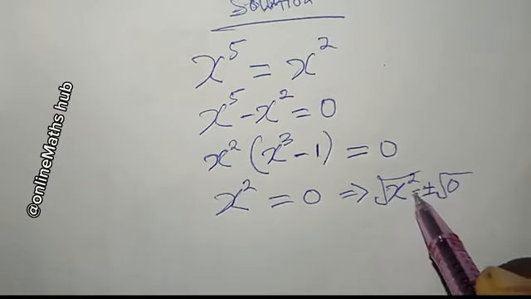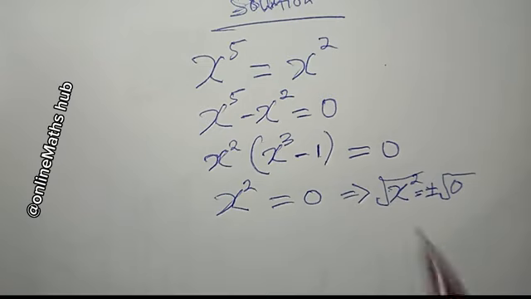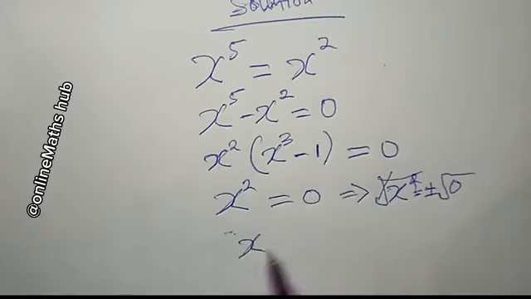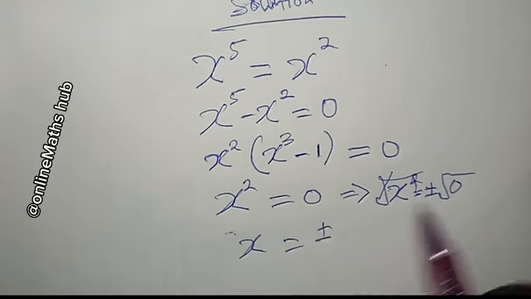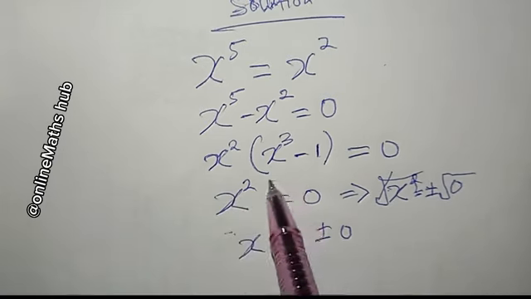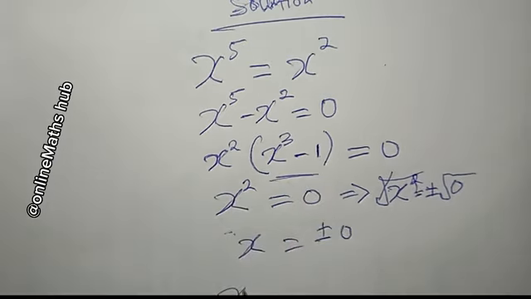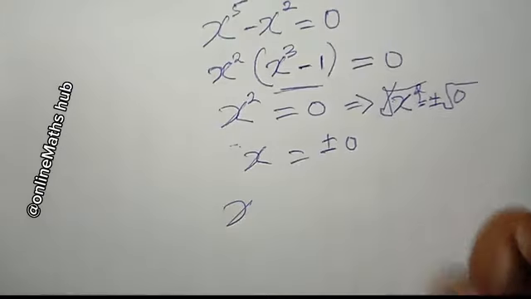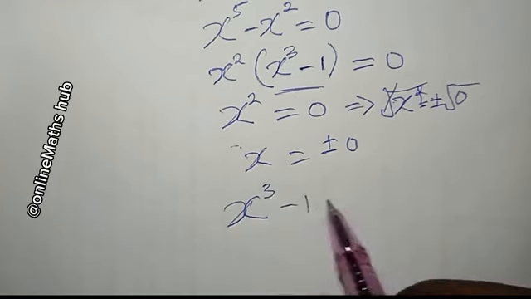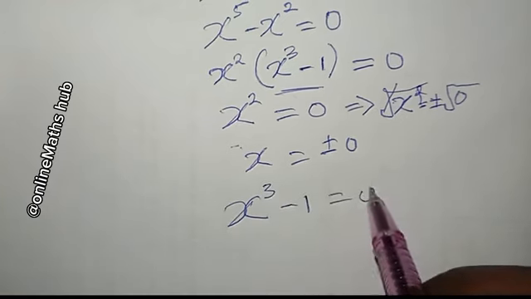Okay, so let me put this equality right here, so that I now have that this first one, this will cancel this, and then x is equal to plus or minus the square root of 0, which is 0. Okay, so secondly, this one, x power 3 minus 1 is equal to 0.